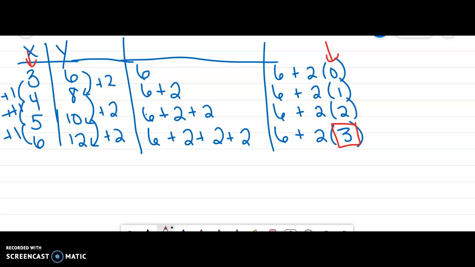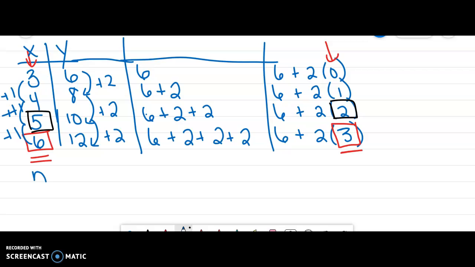Because those are the things that are changing. As the input changes, the number of 2's changes. So I want to relate this 3 to this 6. Similarly, I want to relate this 2 to this 5. And so most of you could see that pattern pretty easily.